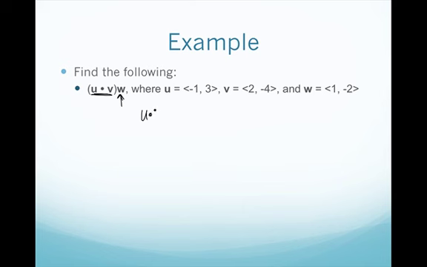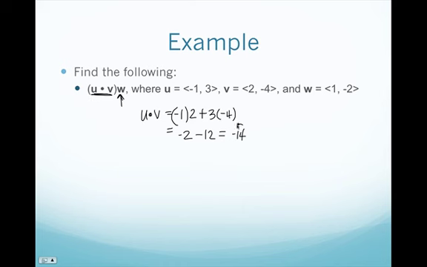So u dot v equals -1 times 2 plus 3 times -4. So we end up with -2 minus 12, which is -14. So that's our u dot v.